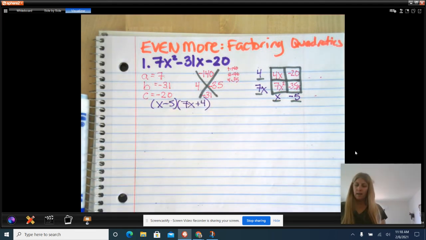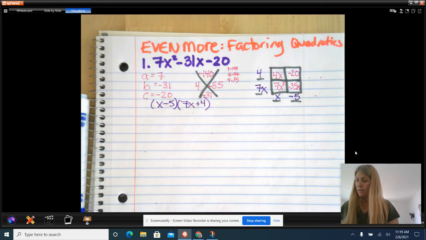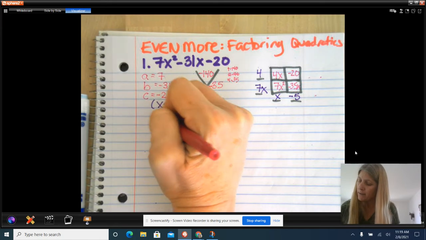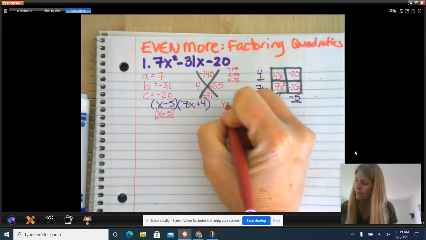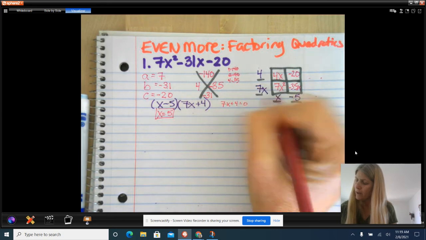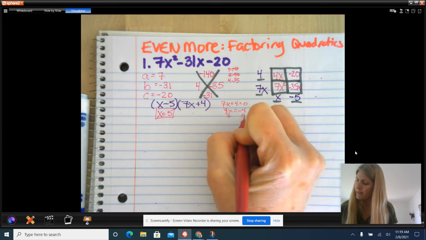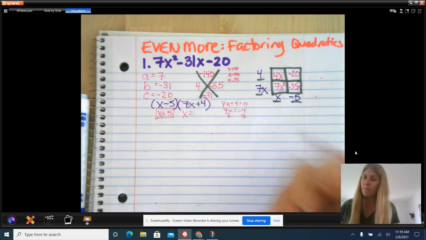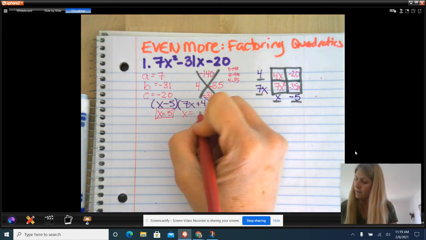Now I'm going to find my zeros, set them equal to 0, and solve. So x minus 5, add 5 to both sides, is going to give me 1 root of 5. And for this one, I'm going to write it down just because it's a little trickier. So that's 7x equals negative 4. Divide both sides by 7. And my second root, my zero, is negative 4 sevenths.